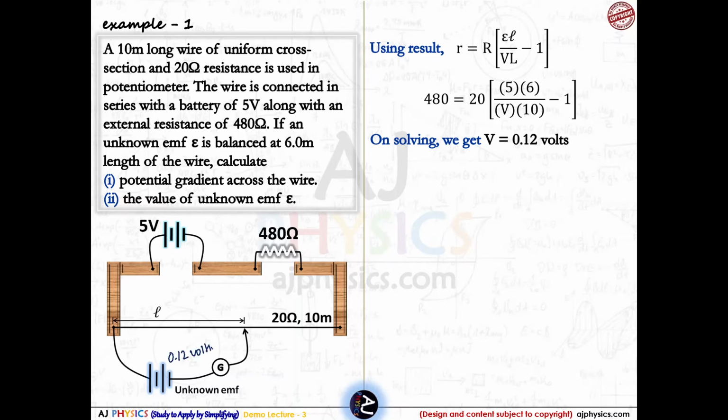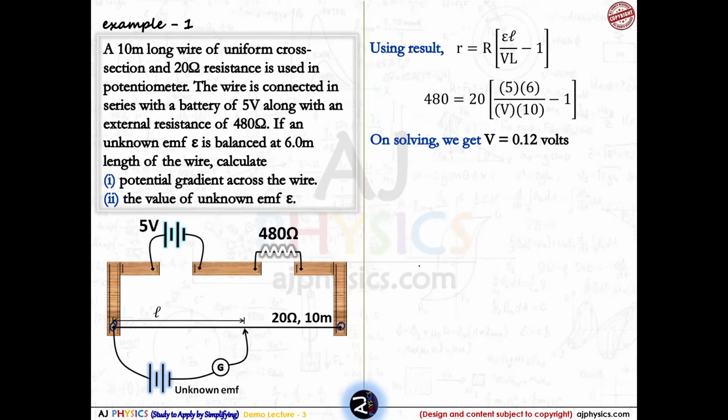Now after this, if we have to calculate the potential gradient, we can discuss that in two different methods. The first method is the balanced voltage divided by the balanced length, and the second is the voltage across the wire, from this end of the wire to this end, divided by the total length of the wire.